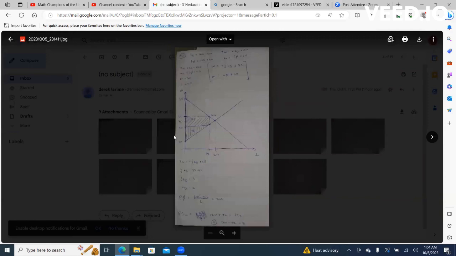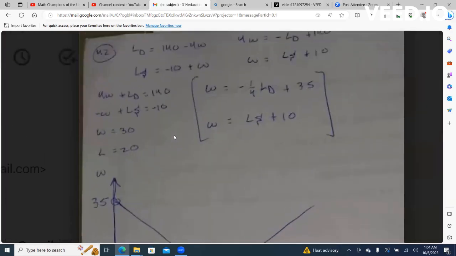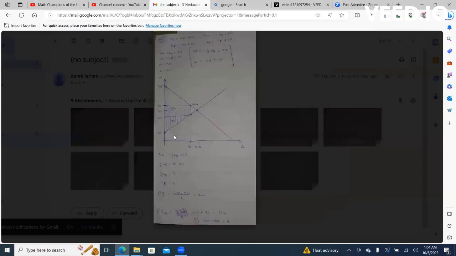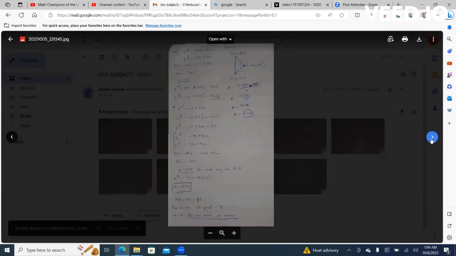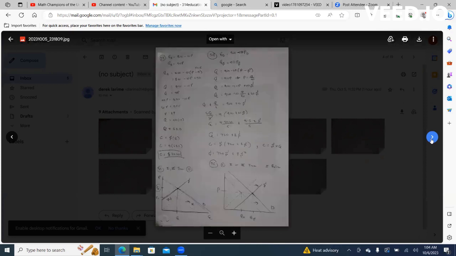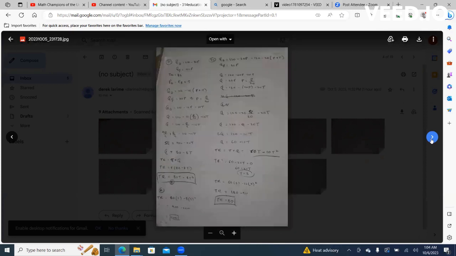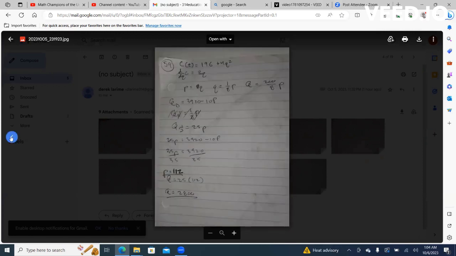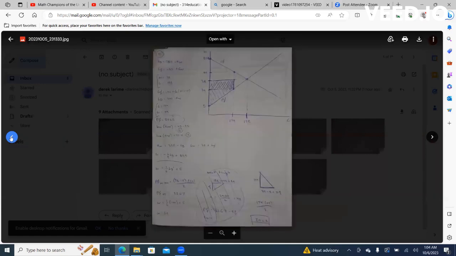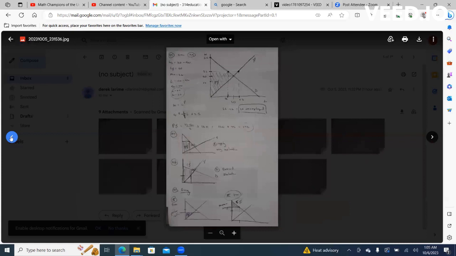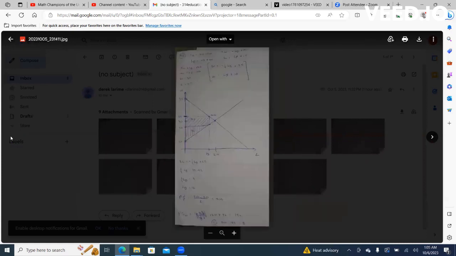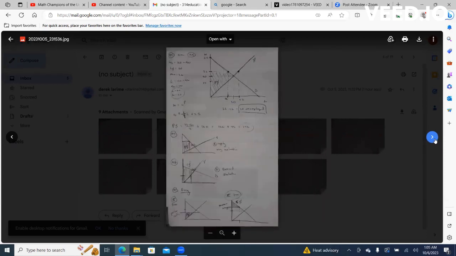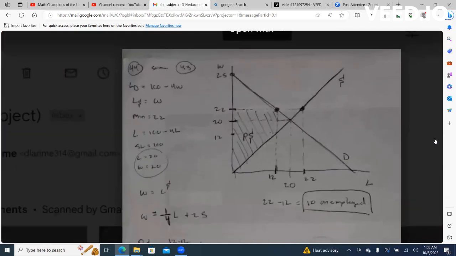I guess this would be 42 here. I got mixed up there, but 42 and 43 are quite similar.